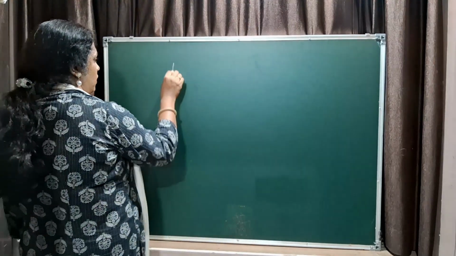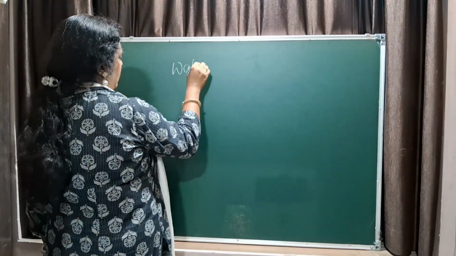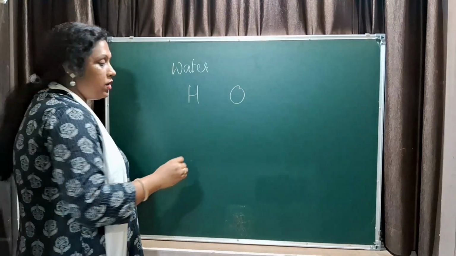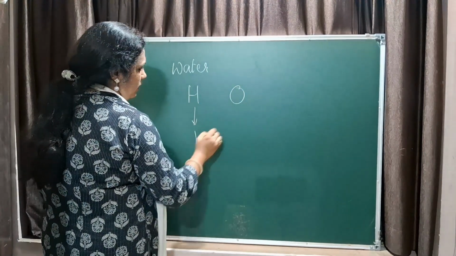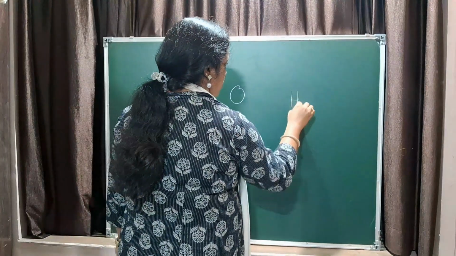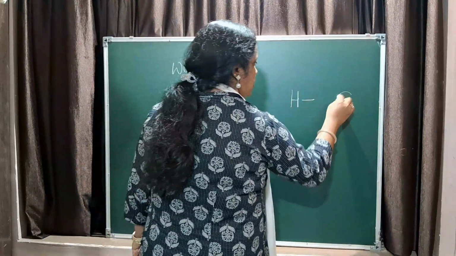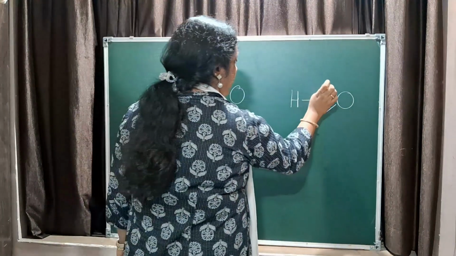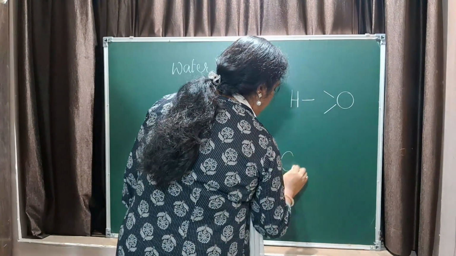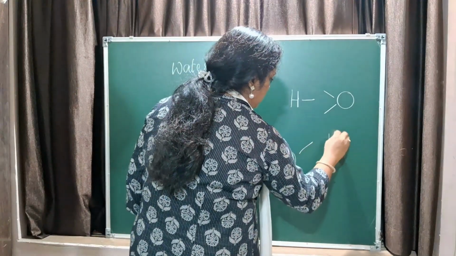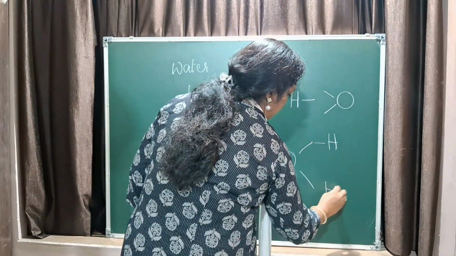That is water. Simple one I will take. So hydrogen and oxygen. What is the valency of hydrogen? 1. And what is the valency of oxygen? 2. That means hydrogen has got 1 arm and oxygen has got 2 arms. Correct? So for every 1 arm of oxygen, you require 2 atoms of hydrogen.